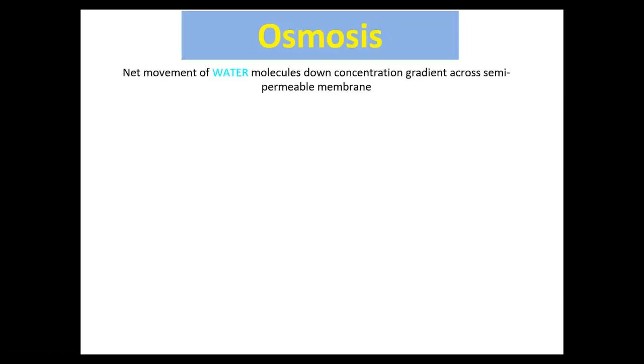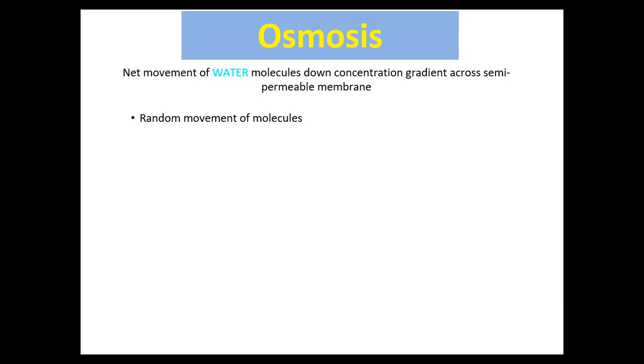Osmosis is our net movement, that overall movement again, of water molecules down a concentration gradient across a semi-permeable membrane. So this is the net movement of water from a solution with a lower concentration of solute to a solution with a higher concentration of solute through a partially permeable membrane or semi-permeable membrane.